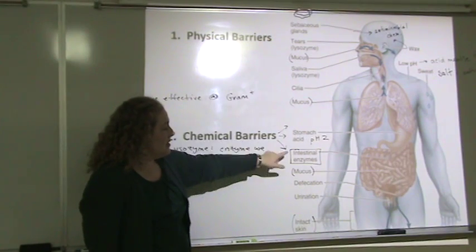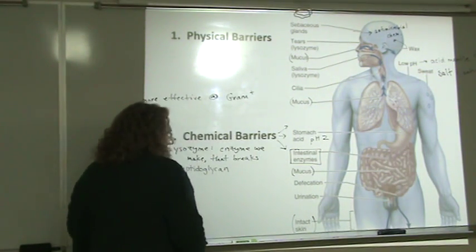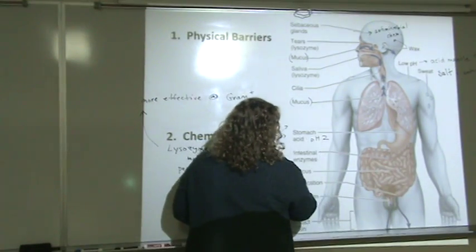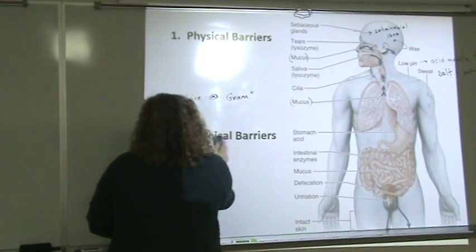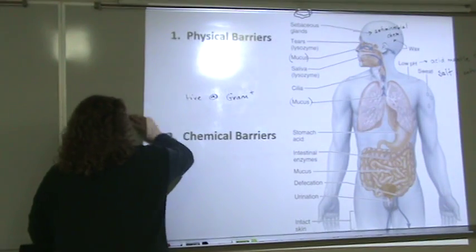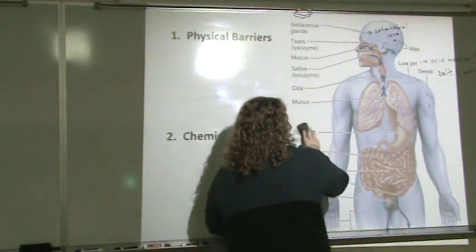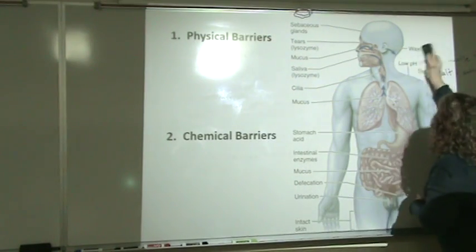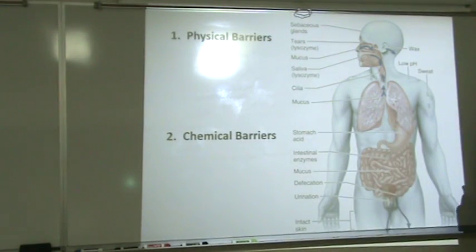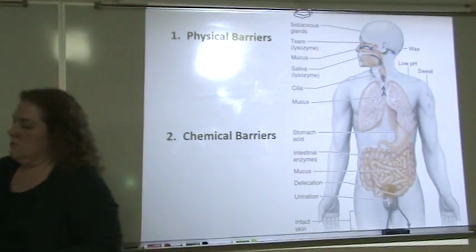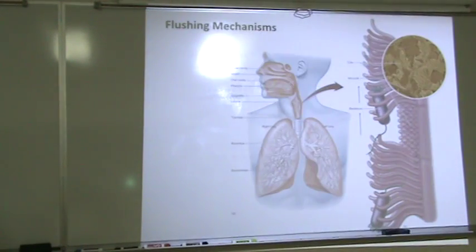They break down carbs, lipids, and fats, including those in microbes, and we'd be attempting to digest parts of them too. So the enzymes are helping you as well in this process. That would be a chemical barrier.